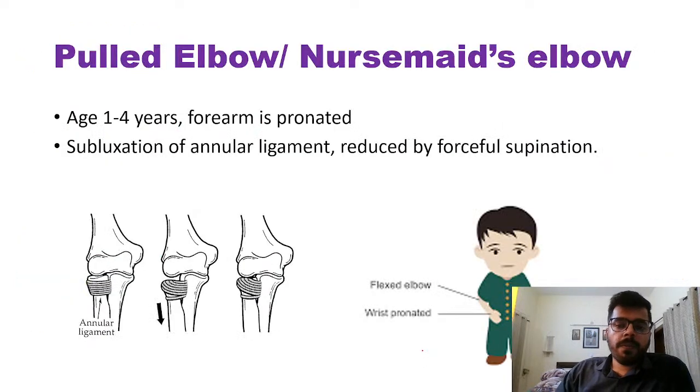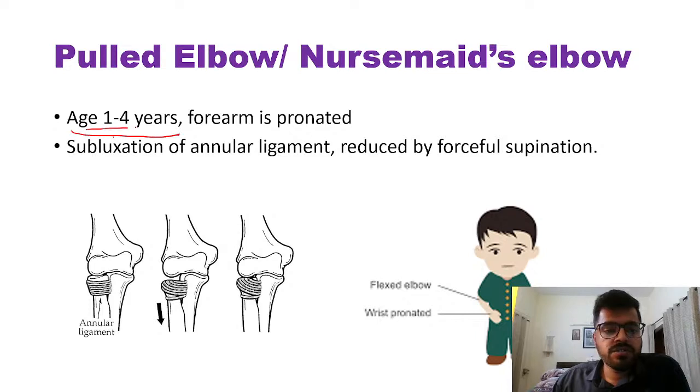Now we come to pulled elbow or nursemaid's elbow. It is usually seen in 1 to 4 years of age. Forearm is pronated. Actually, there is subluxation of the annular ligament, which can be reduced by forceful supination. So here this is normal annular ligament.